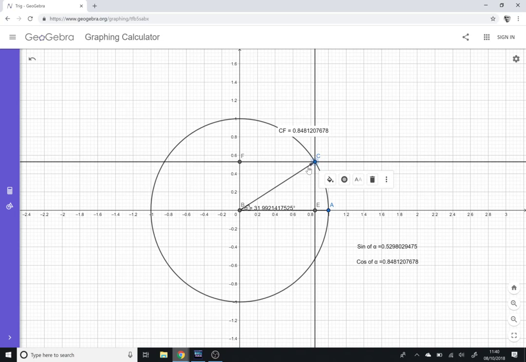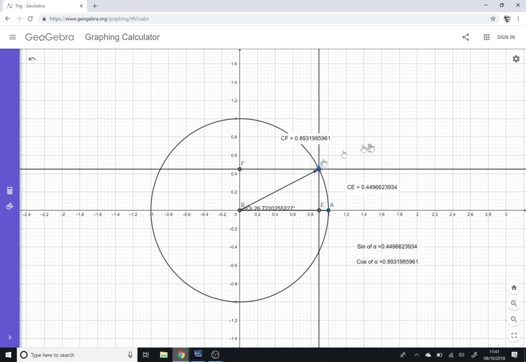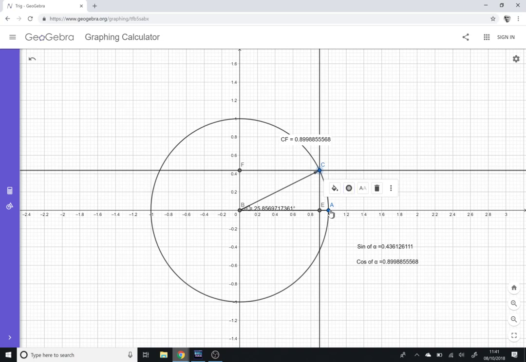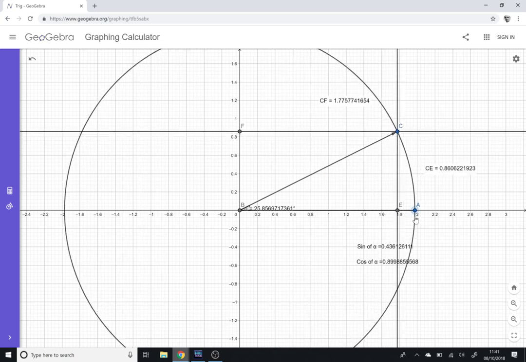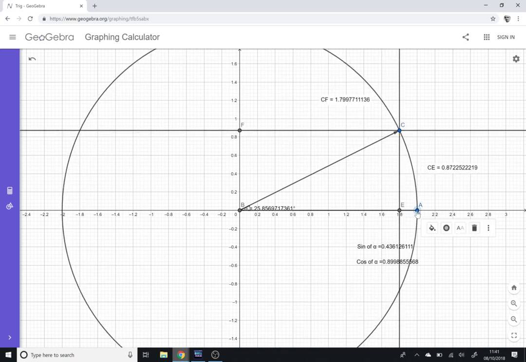This is where sine and cosine come from. They are merely the lengths of the opposite and the adjacent on a unit vector. And of course, if we're not dealing with a unit vector, if we're talking about some arbitrary circle that's a bit bigger, let's go and make a equal to 2. And then we go and look at the sine and the cosine and the relationship.